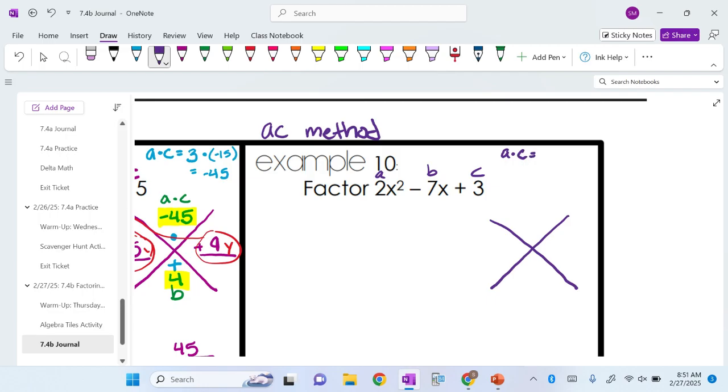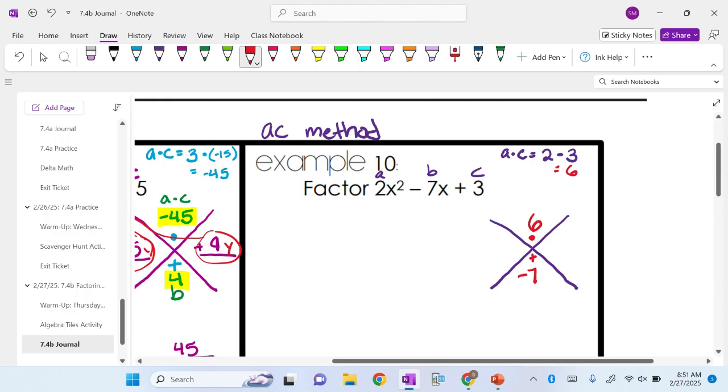What's my C value? 3. So 2 times 3 is what? 6. So 6 is going to go up here. What goes in the bottom? -7. Remember to include the sign.